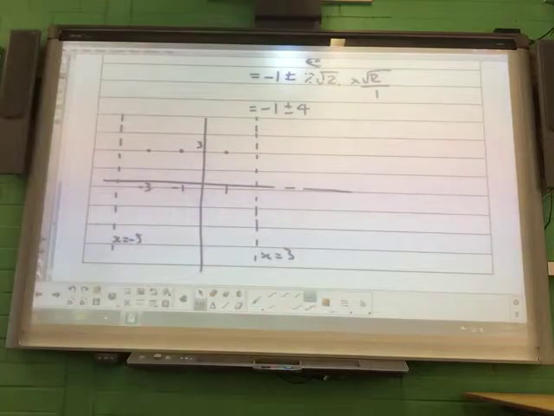Right, so I wouldn't worry about writing coordinates everywhere. I'll just write the intercepts of the main features of your graph. Okay, so the foci lie inside and the directrices lie outside.